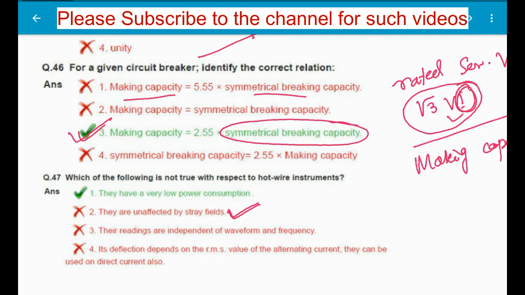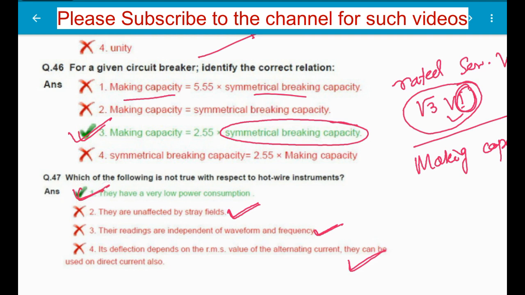This should be considered. And next, its deflection depends upon the RMS value of alternating current, but it can be used for DC current also. Yes, it can be used, because DC current also produces heat. So here option 1 is the answer.